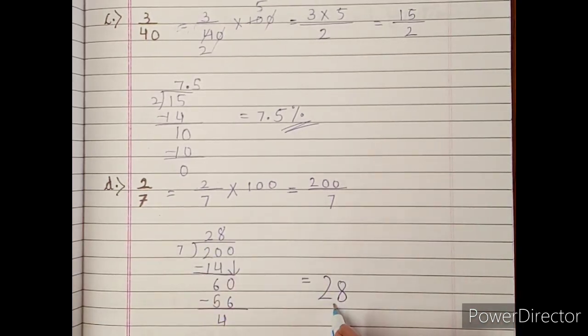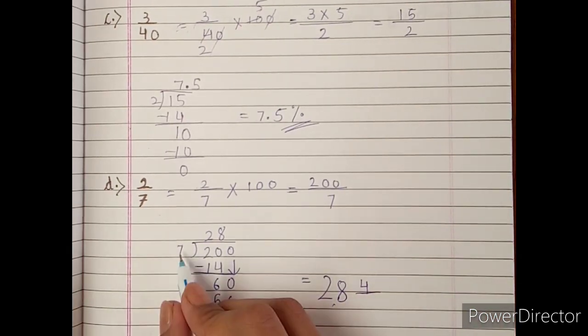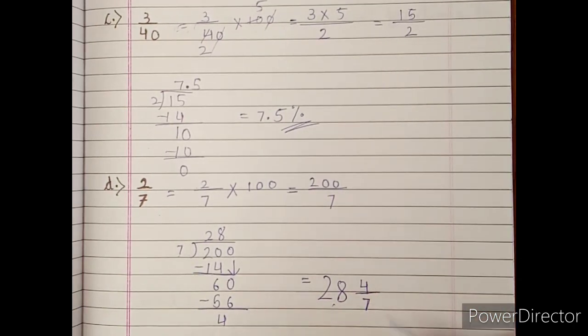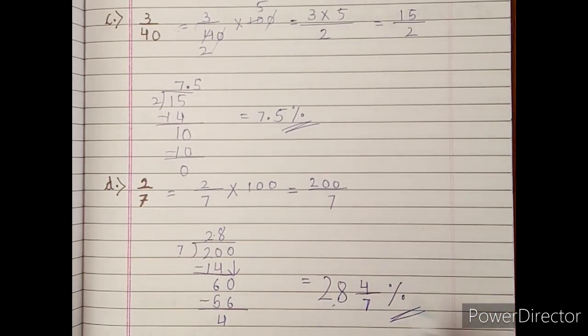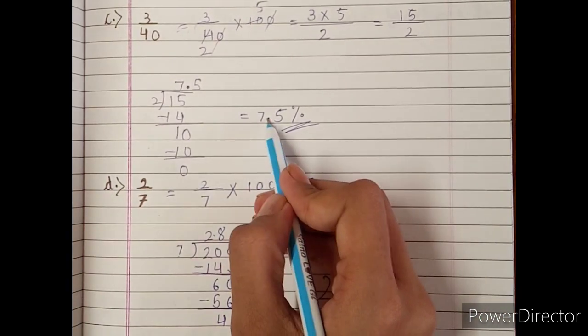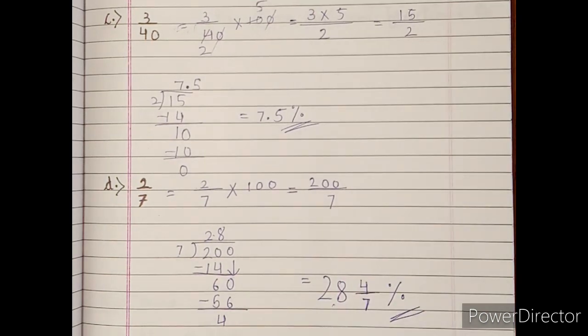So 28 integer 4 upon 7. First we write the quotient as integer, then the remainder 4 and then 7. Okay. So 28 integer 4 upon 7 is our answer.